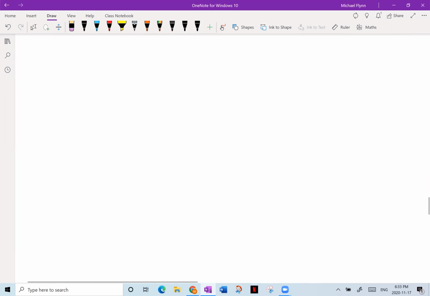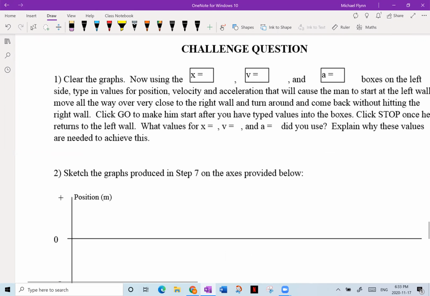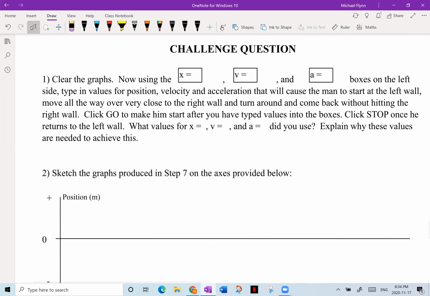And then there's one last question at the end. It says, now using the values of X, V, and A in the boxes, you have a goal. You want him to get to the wall. He starts at the left wall, moves all the way over to the right one, turns around and comes back without hitting the right wall.